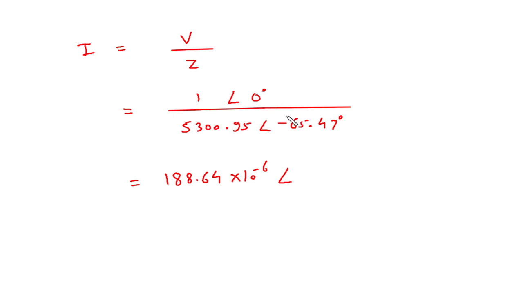So it will be 0 degree minus minus 65.47, so it will be plus 65.47 degree, and since it is current, its unit will be ampere.